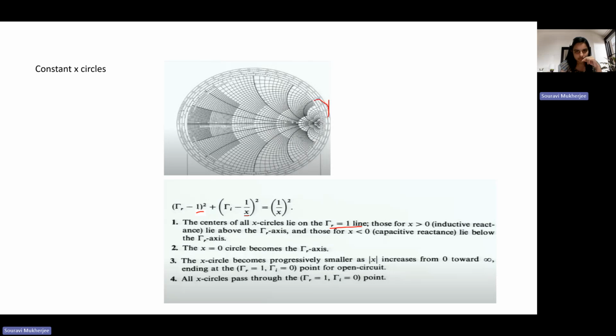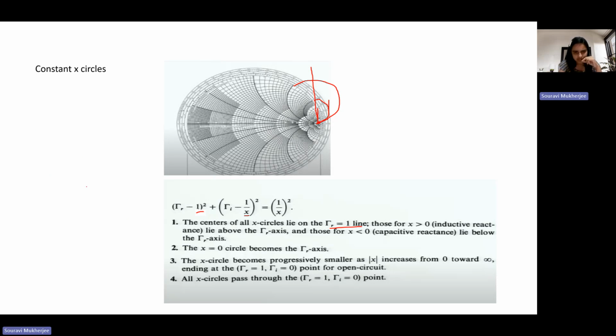Basically, if you extend this further, something like this, right? And if you draw a line, all of them will pass through this point. So the x coordinate of the centers will always lie on the tau r equal to 1 line.